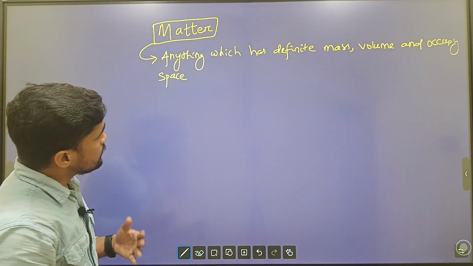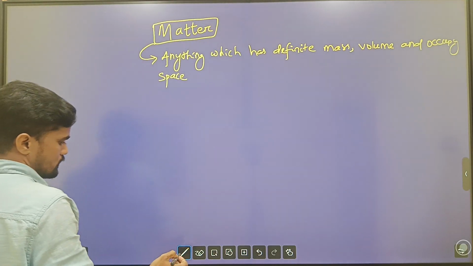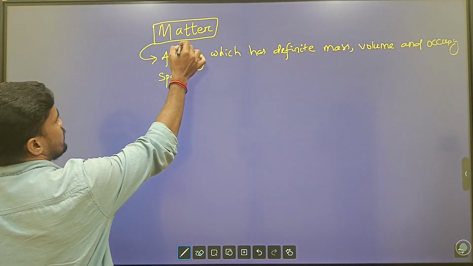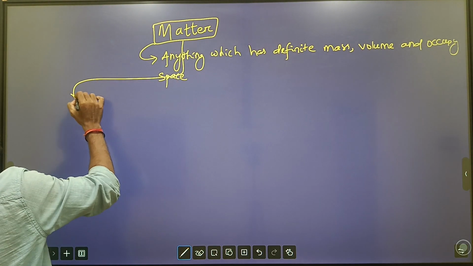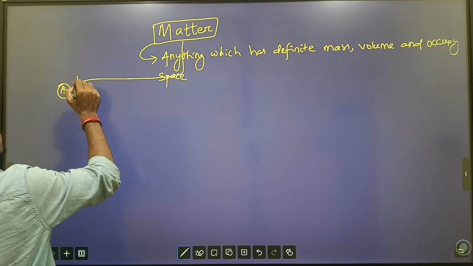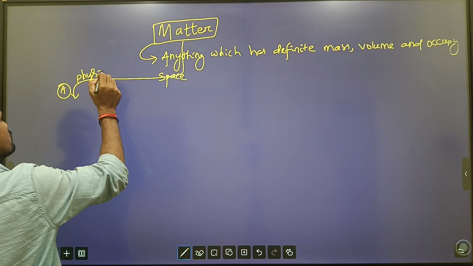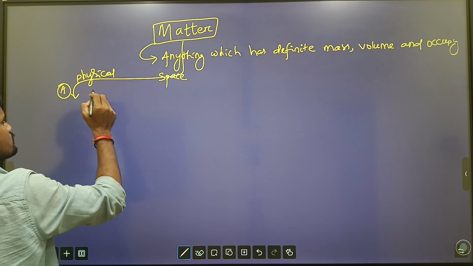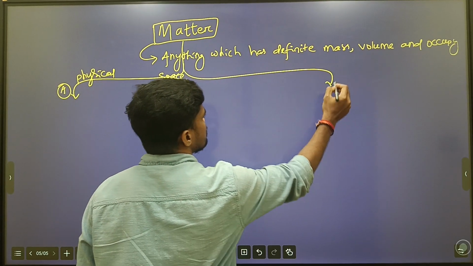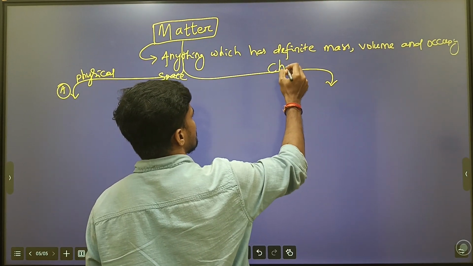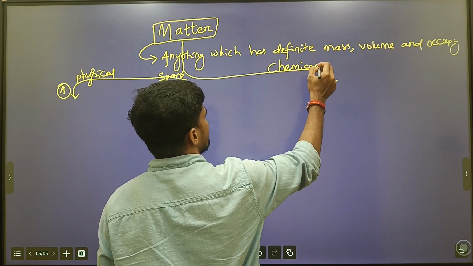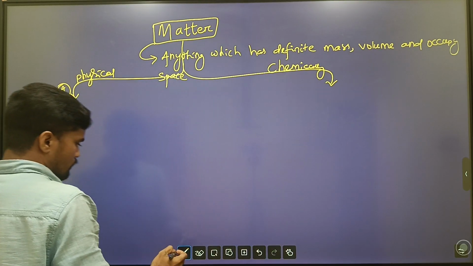Then what are the classifications of matter? Matter is classified based on two categories: one is physical classification, another is chemical classification. What are the physical classifications?